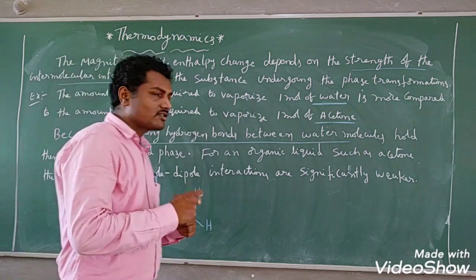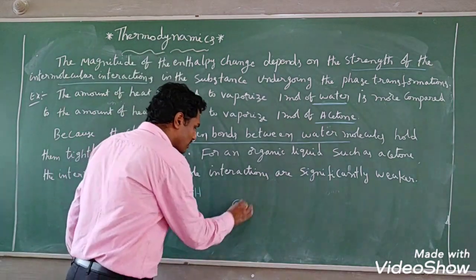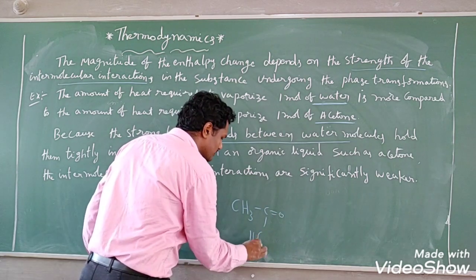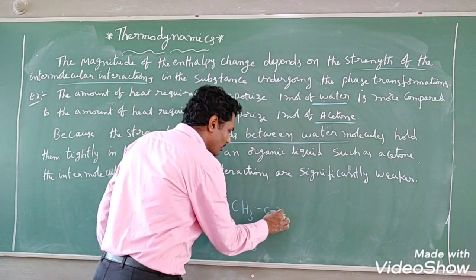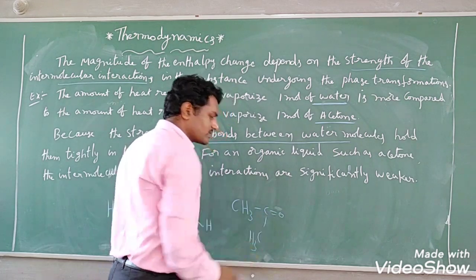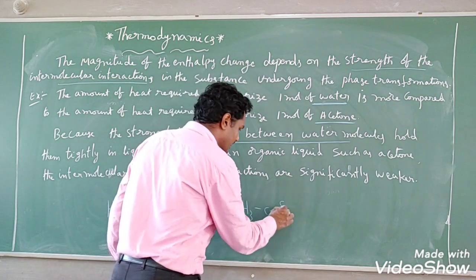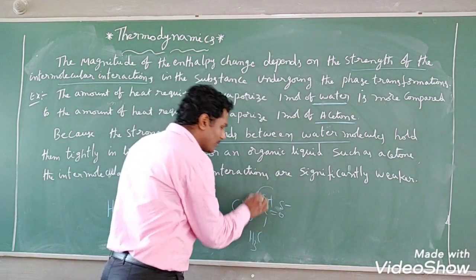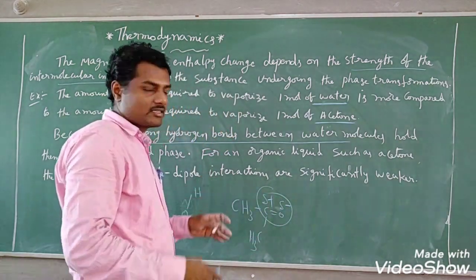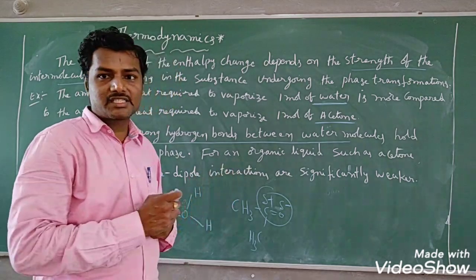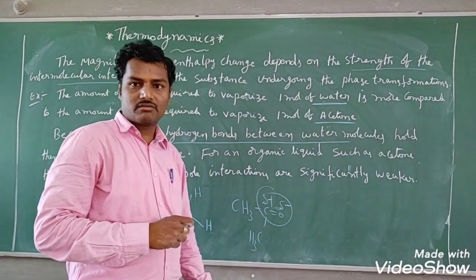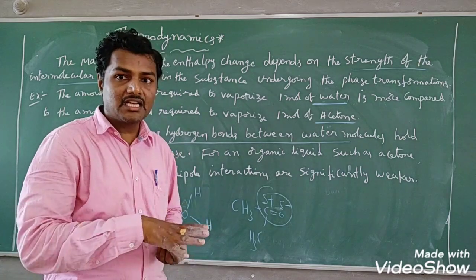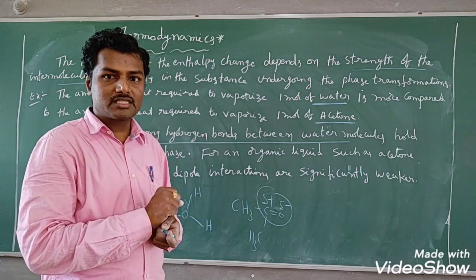Whereas in the case of acetone, the formula is CH3, C double bond O, CH3, right? Due to polarity between carbon and oxygen, oxygen is more electronegative, so it gets a partial negative charge and carbon gets a partial positive charge. A dipole is created, so dipole interactions develop in acetone. Dipole interactions are significantly weaker than strong hydrogen bond forces, right?